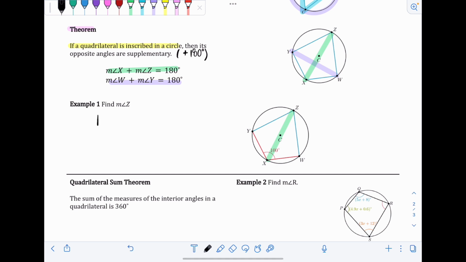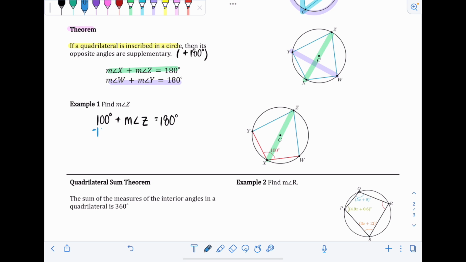So we can take the measure of angle X, that's 100 degrees, and then add it to the measure of angle Z, which is what we're trying to find. And those two added together should be 180 because they are supplementary. You may recognize that the measure of angle Z must be 80 to make this work. If not, or if you have harder numbers to deal with, you can just subtract the other angle, the one we do know.